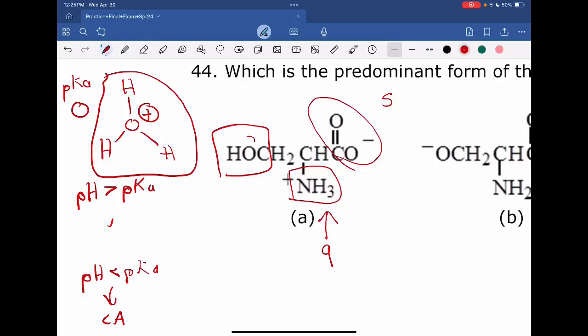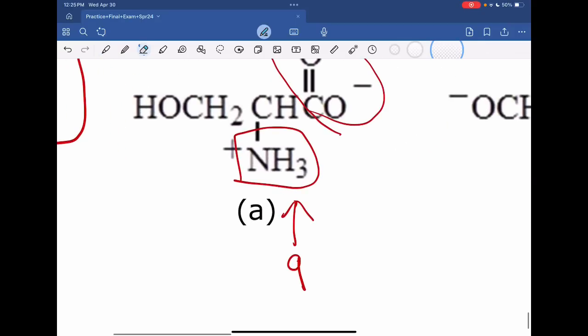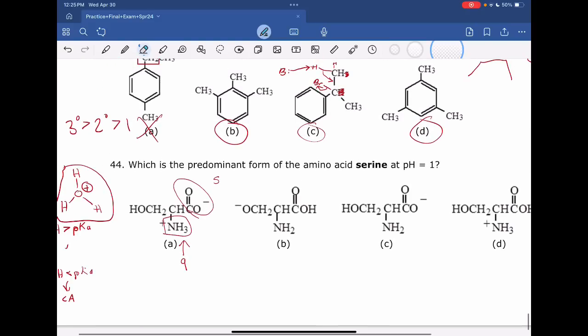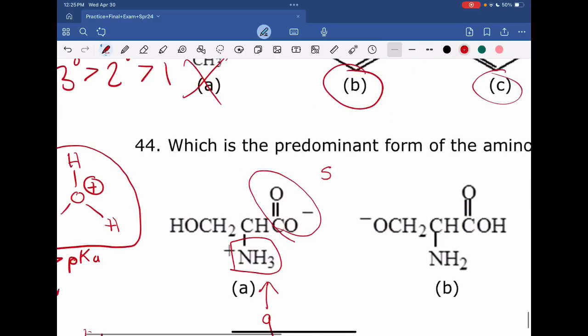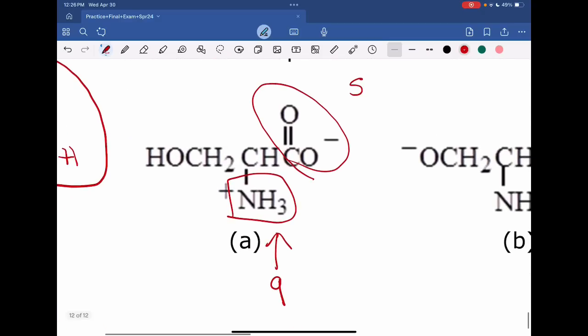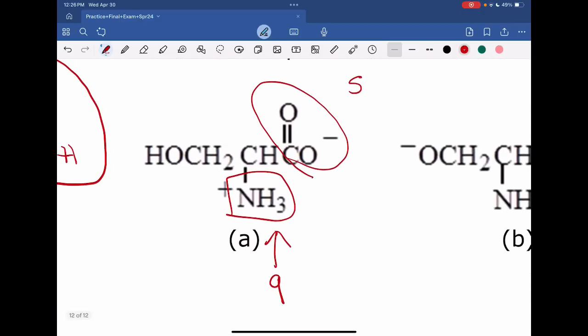So this will stay as it is. This is okay. Now for the amine, it is 9 and we are at pH 1. So we will stay protonated. If you want to deprotonate the amine, you have to go above pH 9. So this stays as it is.